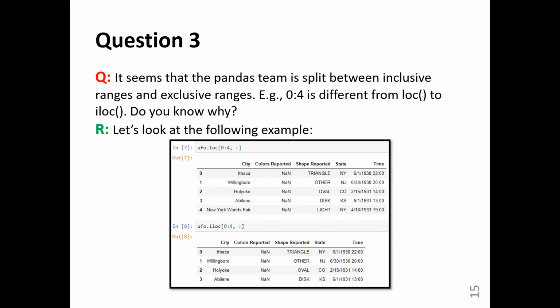But for loc, it's going to be inclusive on both sides. Look at this as an example. When we say loc and we say 0 all the way to 4, it contains 0, 1, 2, 3, all the way including 4. But when we use iloc, we see that it has 0, 1, 2, 3, but not 4.